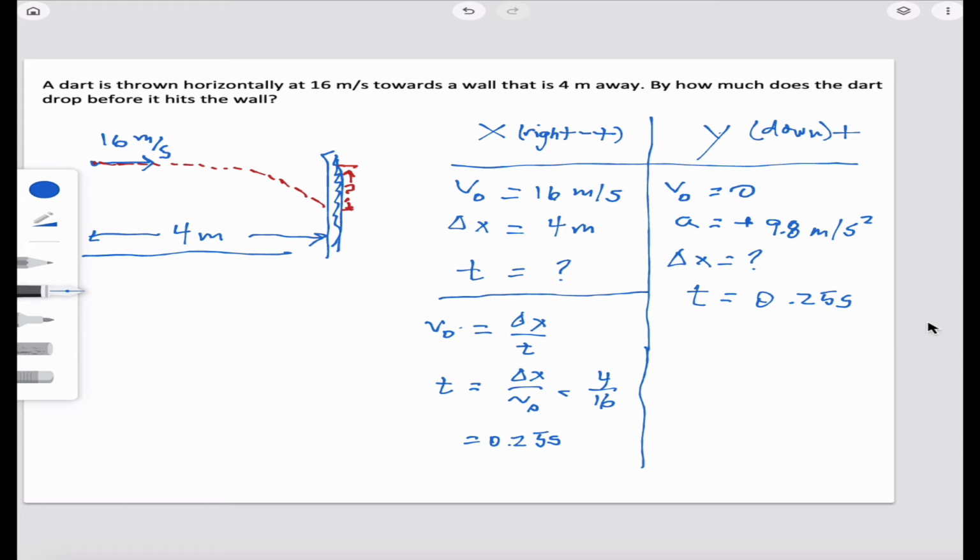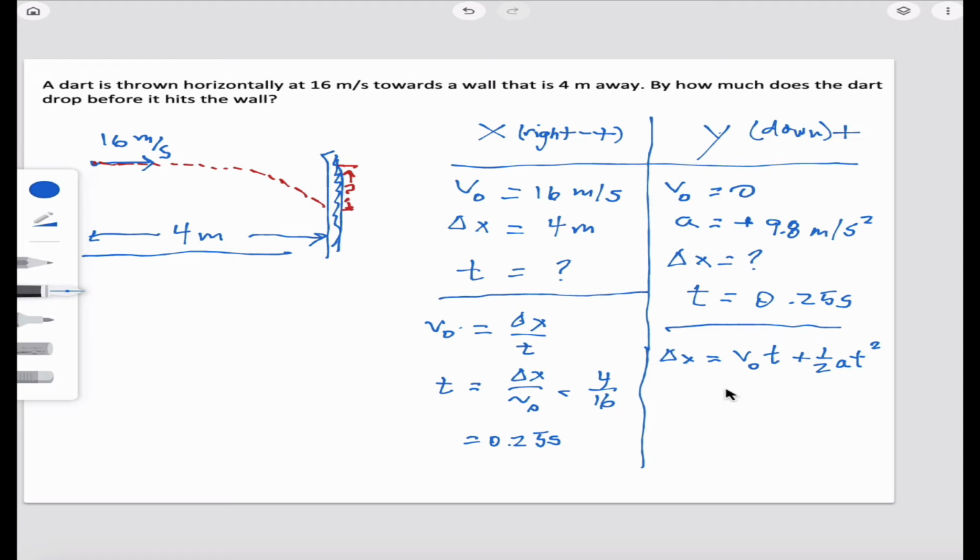We can find a kinematics equation to solve for displacement. Displacement is equal to initial velocity times time plus 1/2 acceleration times time squared. And now what we need to do is substitute and solve.